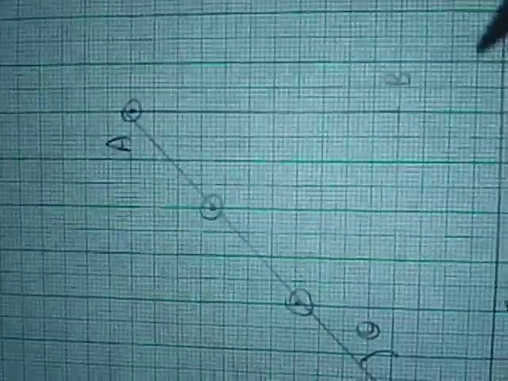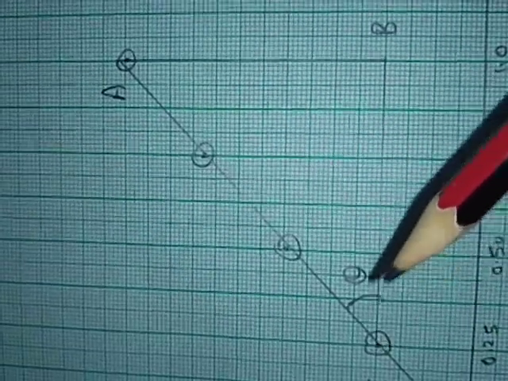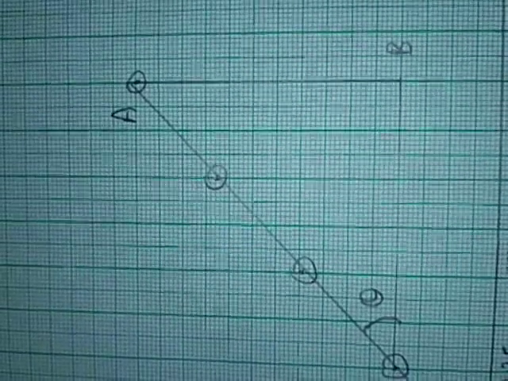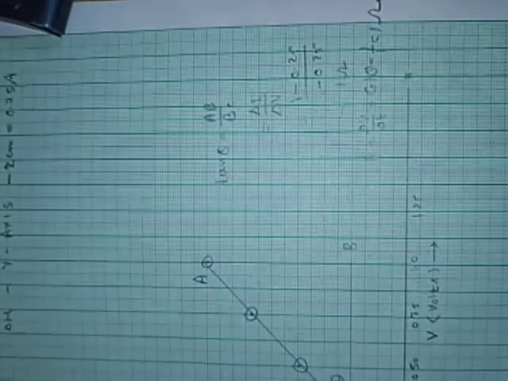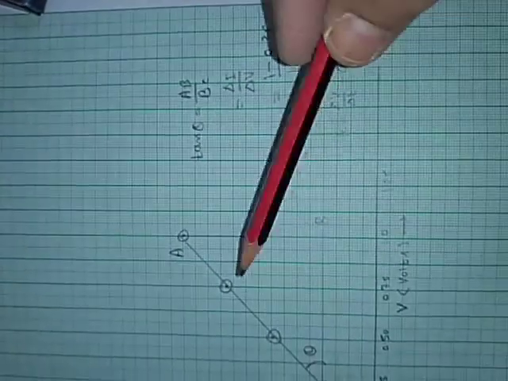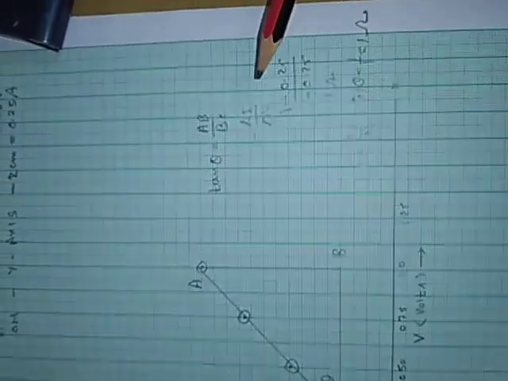Now draw a horizontal line from this point and make this triangle by which we can calculate this theta, and this tan theta may be calculated as perpendicular upon base.